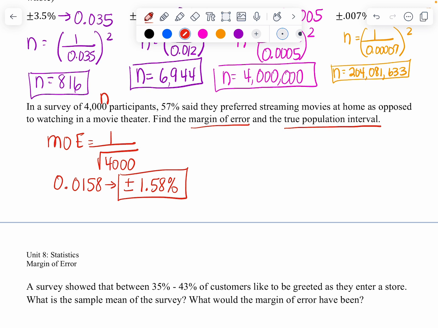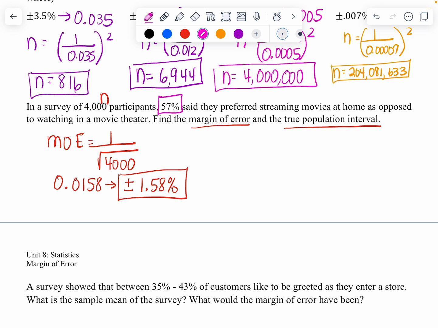So now I'm going to look at what my survey said. It said 57% of the people said that this is what they prefer, but we have a margin of error. We have some wiggle room with that.